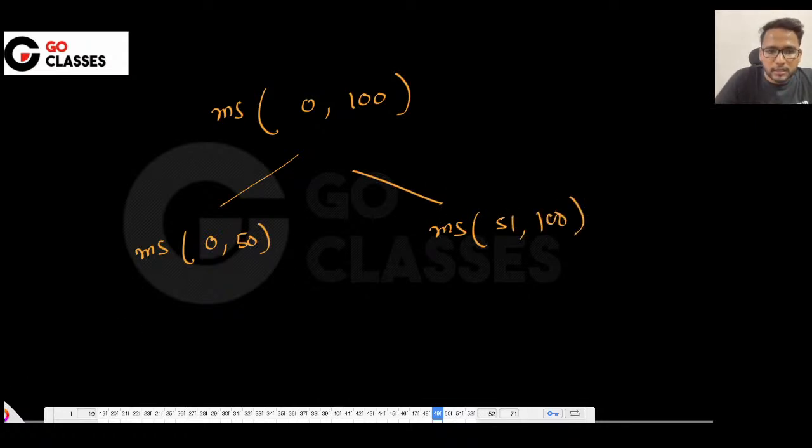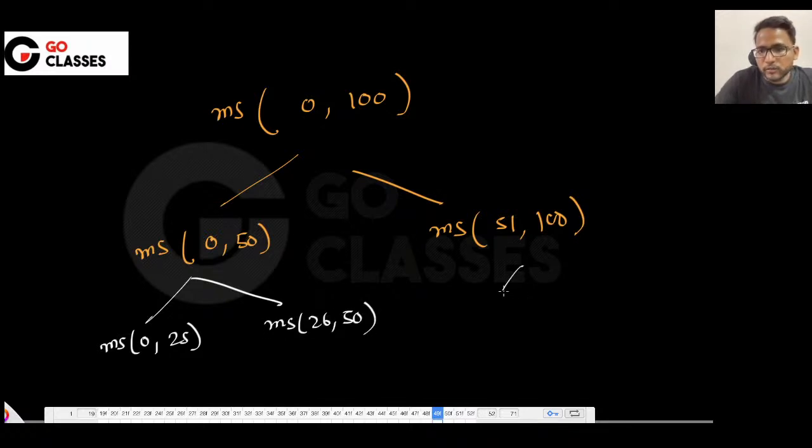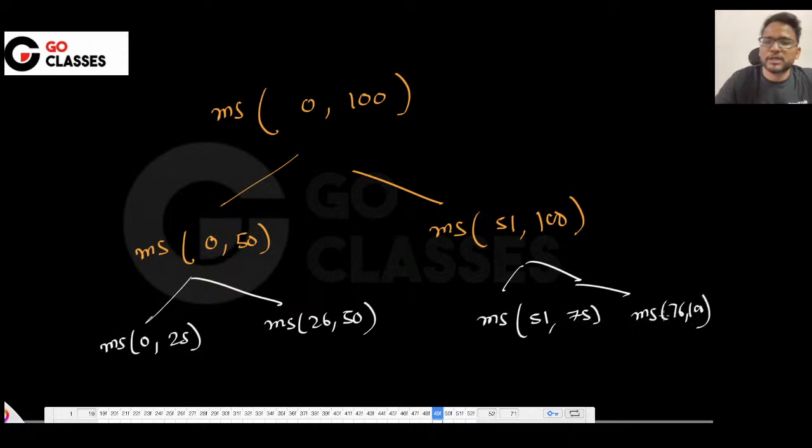Similarly, you will call a merge sort from 0 to maybe 25, then merge sort from 26 to 50, merge sort from 51 to, let's suppose, 75, and merge sort from 76 to 100, something like this. Which means the calling sequence is like this. Let's suppose this is the function called C1, then it will call C2, it will call C3.